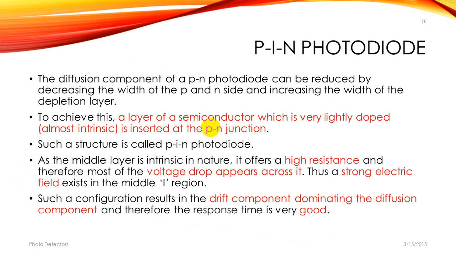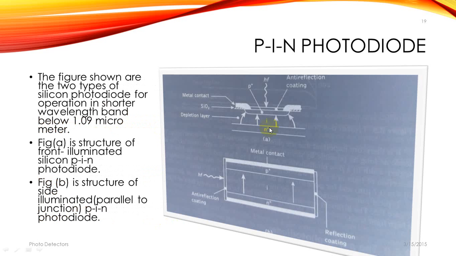So these are the points which I have discussed. Next, the figure shows two types of silicon photodiode for operation in the shorter wavelength band, below 1.09 micrometer.